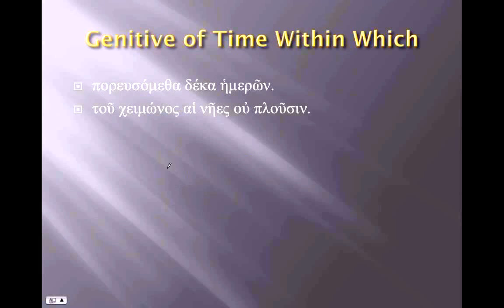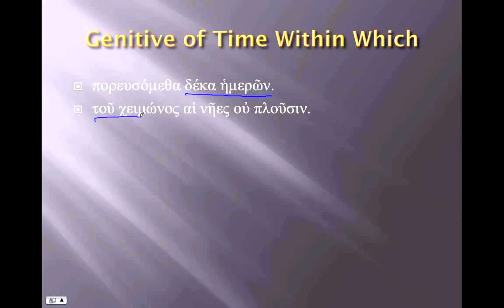And then finally we have the genitive of time within which. Remember, this is the span within which an action is going to happen. So porusomatha deca hemeron. We will march. There's our number. There's our time expression. Within 10 days. Or to kemonos, haineas u plusum.